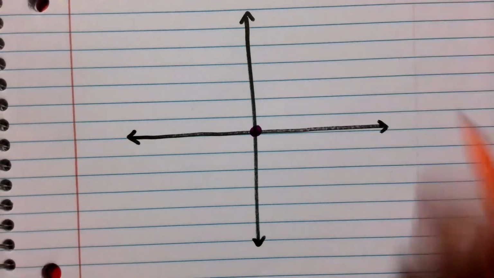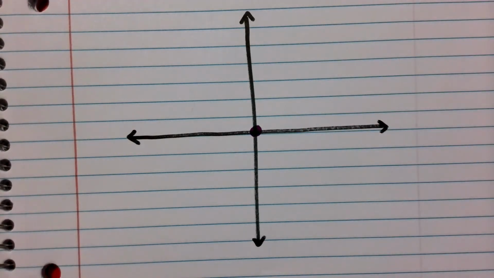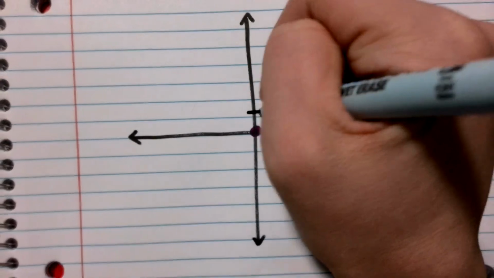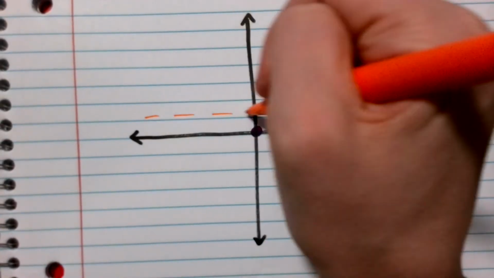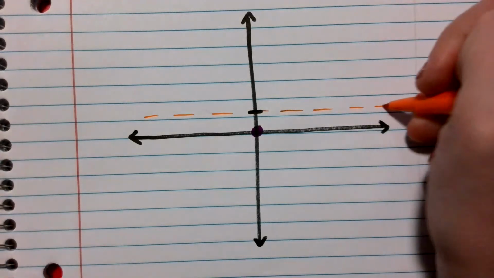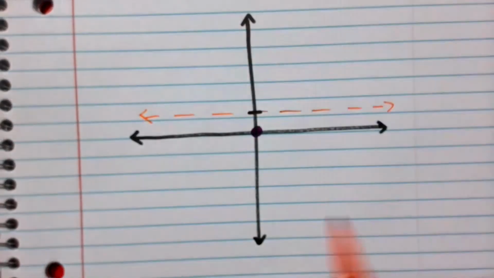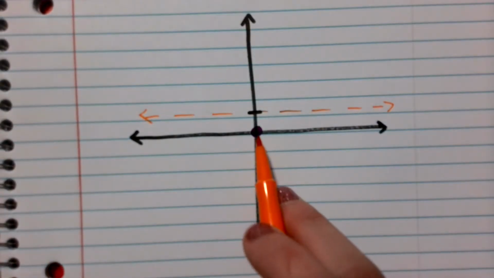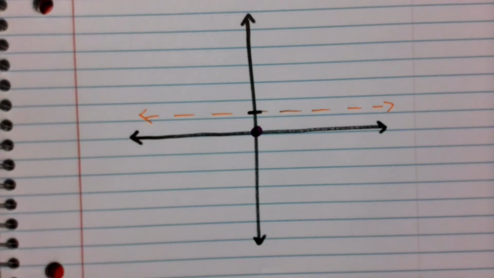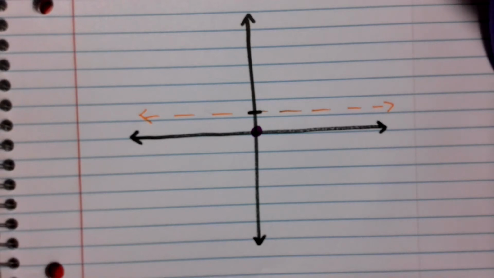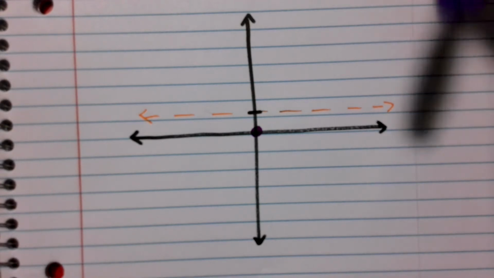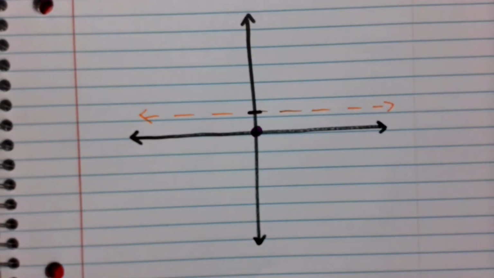We've got a horizontal asymptote at 1, so that's going to be my 1. Okay, so we also know that this is our relative min. I think I made this really short. That's okay, I'll make a bigger one a bit later. That is our relative min. It's going from decreasing to increasing at that place.